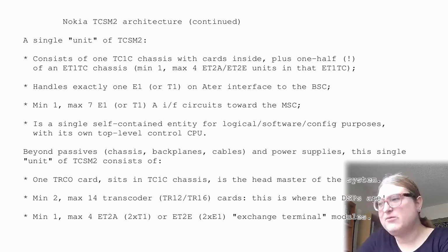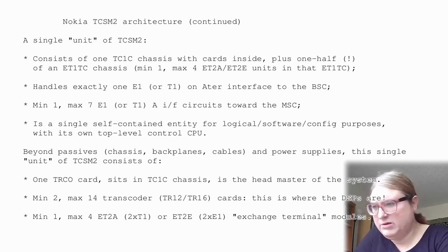Now, this equipment was actually made to support both ANSI environments, the American one, and ETSI, the European. So it can be both T1 or E1. Of course, my natural preference would have been to go for the ANSI T1 version just because it's so much more familiar to me. But in terms of parts availability, for the parts that are different between the ANSI version and the ETSI version, the ANSI version seems to be a lot harder to get.